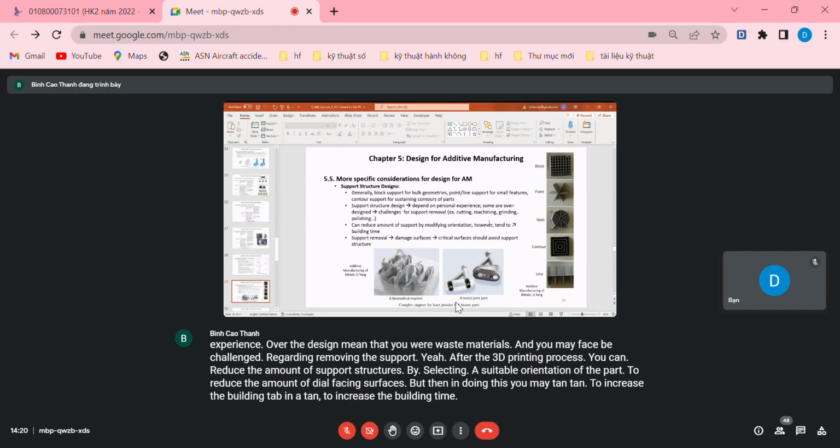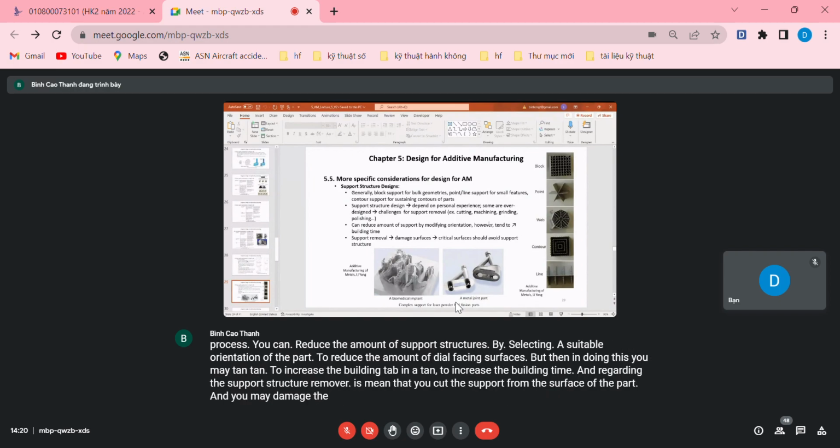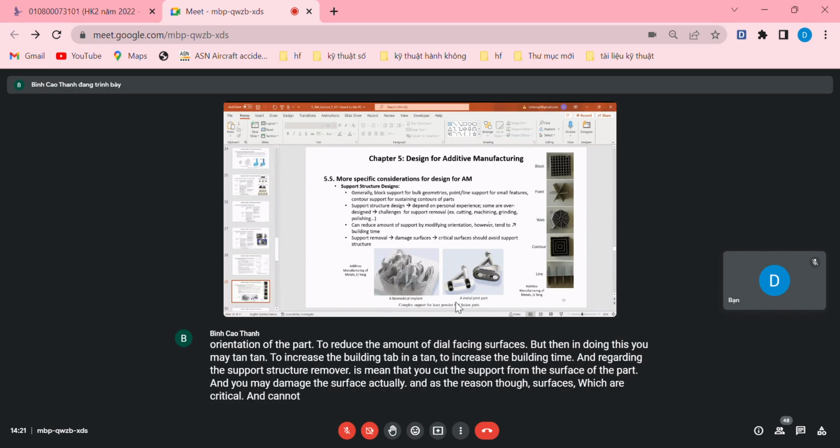And regarding the support structure removal, this means that you cut the support from the surface of the part. And you may damage the surface actually. As a result, those surfaces which are critical and cannot be scratched should avoid using support structures.